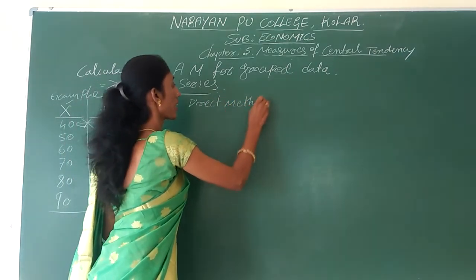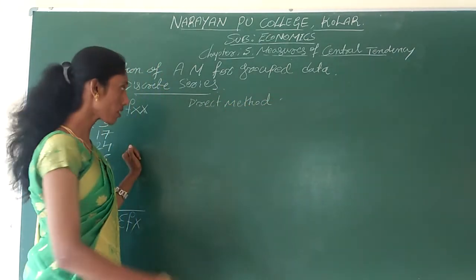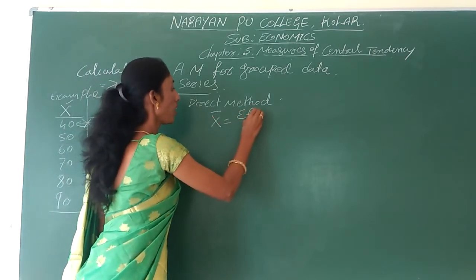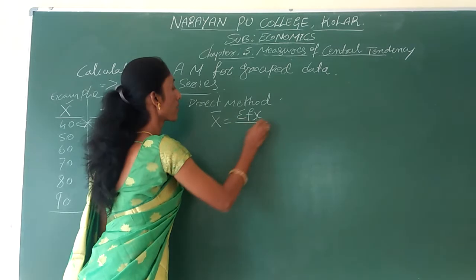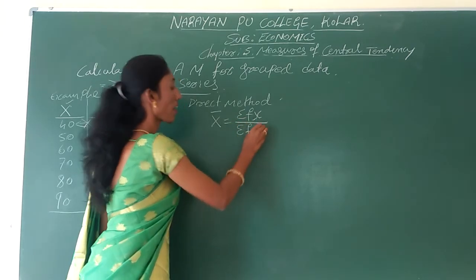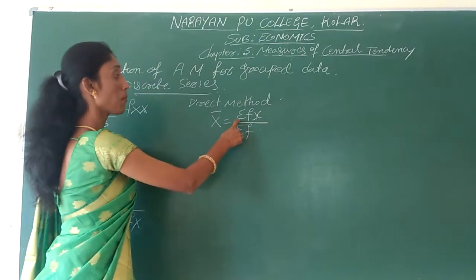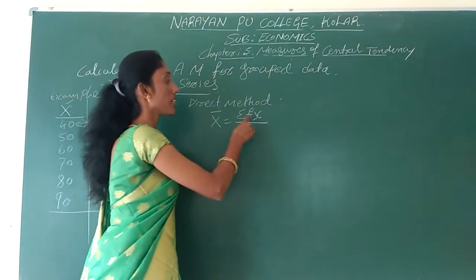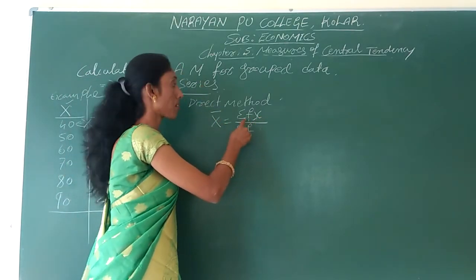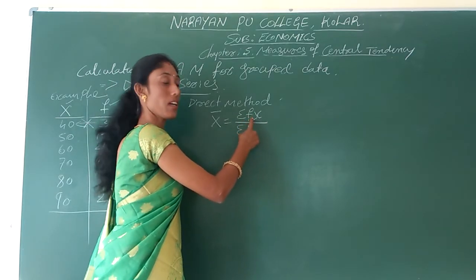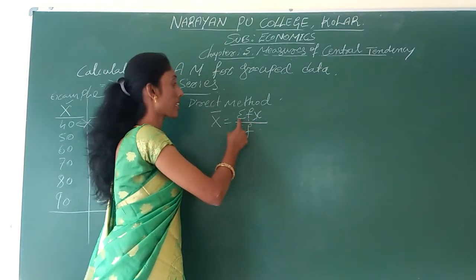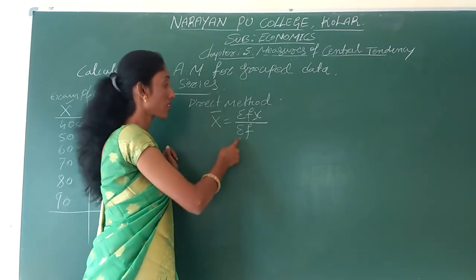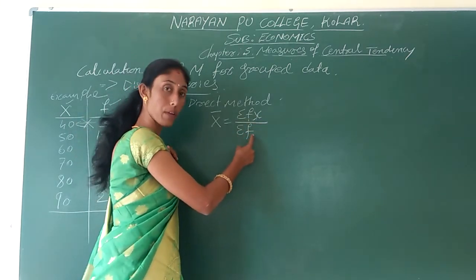In the direct method, the formula is x bar equals sigma fx divided by sigma f. Here sigma fx means the sum of frequency into x, and sigma f means the sum of all the frequencies.